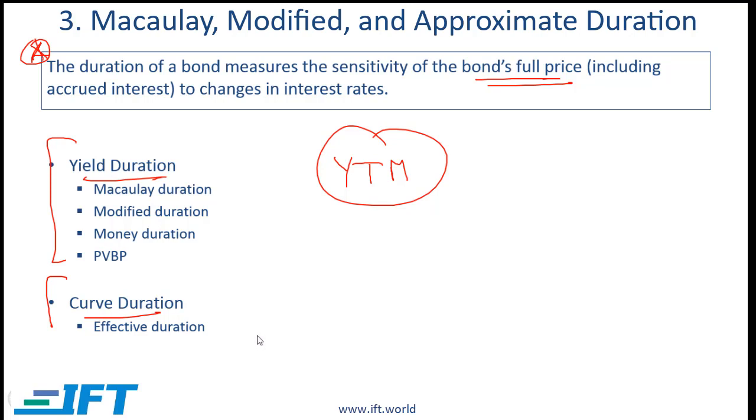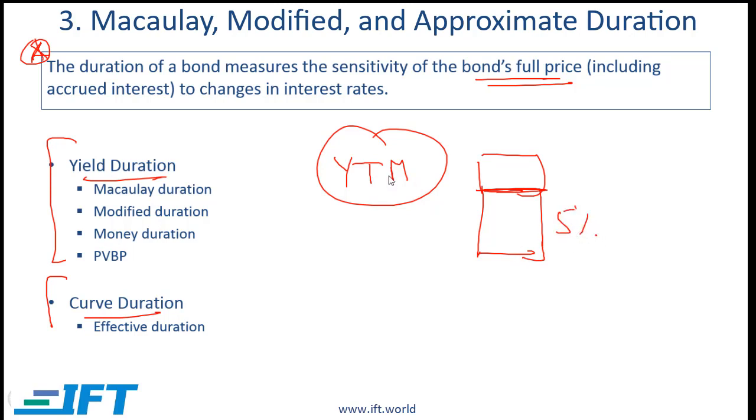Just to emphasize the point here, you might recall from the previous chapter that the YTM of a given bond depends on our reference rate or the benchmark rate. Let's say we are considering the YTM of a 5-year corporate bond, and a comparable government bond has a yield of 5%.